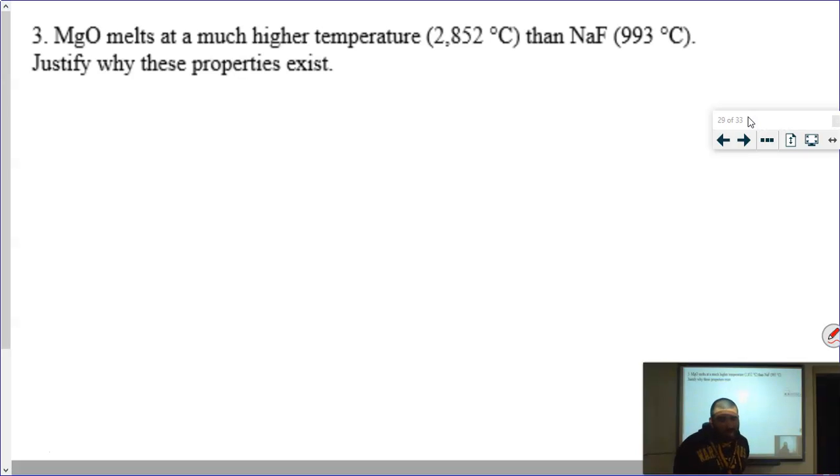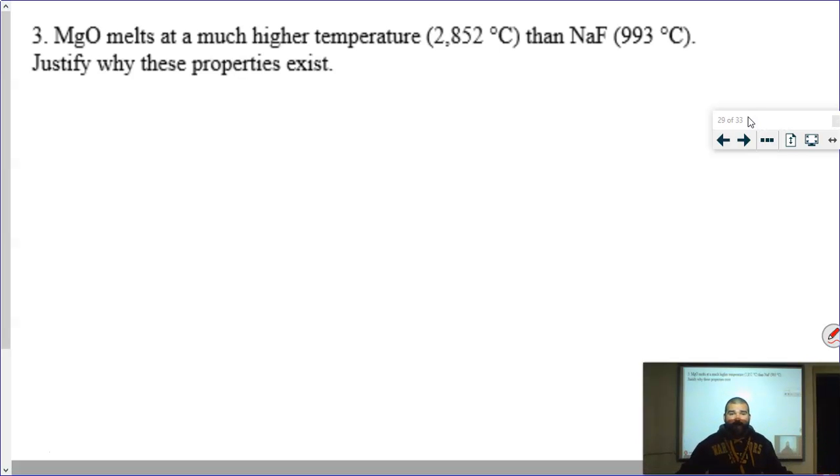I'm kind of asking you the same darn thing. I'm just using the melting point, right? But we know that as the strength of those forces increases, the melting point goes up. So really, when I'm asking why this one melts at a higher temp, I'm really just saying this one has stronger ionic bonds.